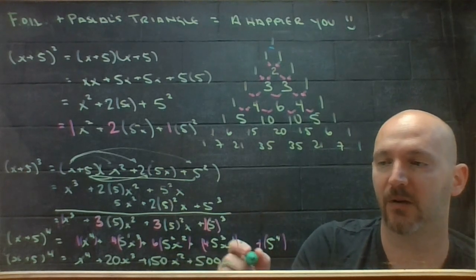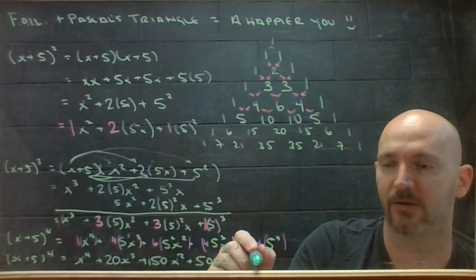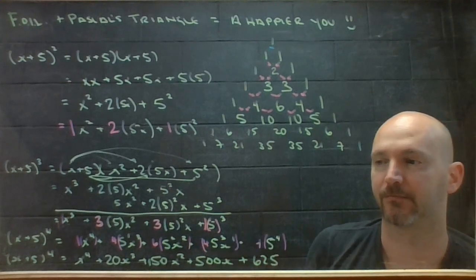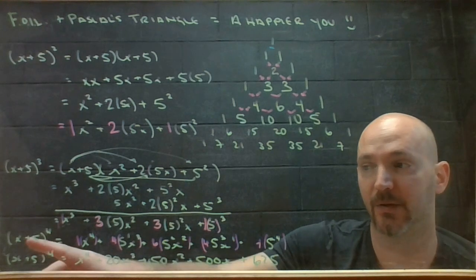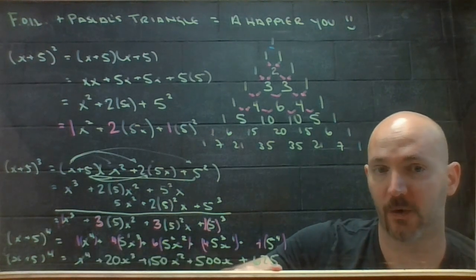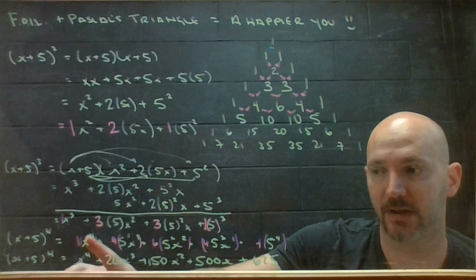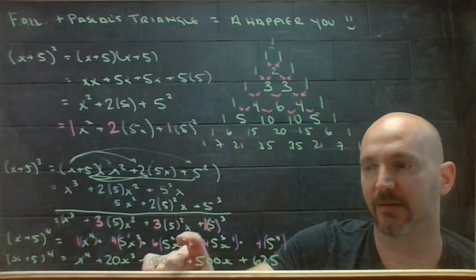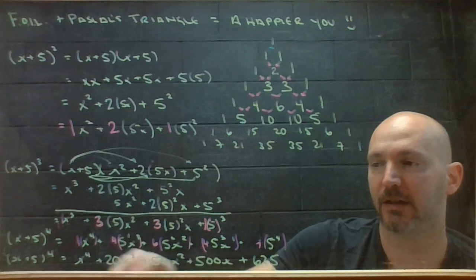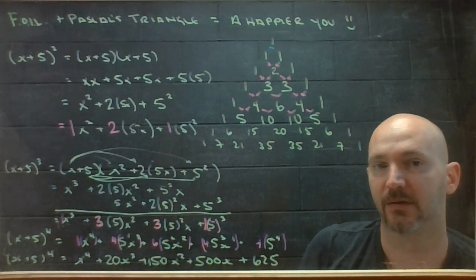And 5 to the power 4 is 625. So not once did I use FOIL to do this x plus 5 to the 4 expansion. I just noted that I needed descending powers of x, descending powers of the number I'm adding, and then I need my Pascal numbers to fill it out.